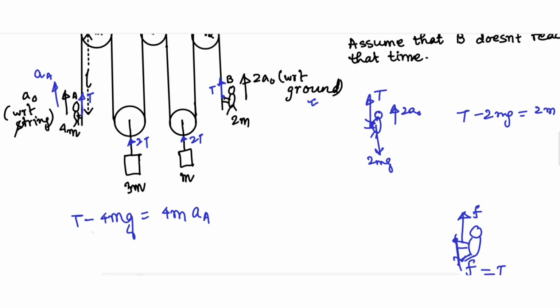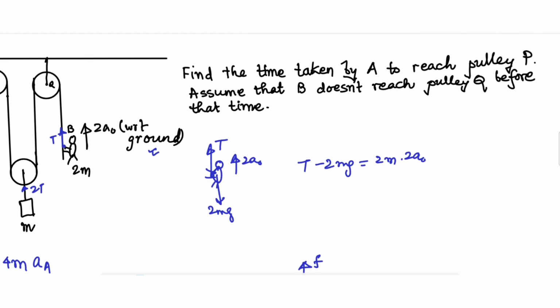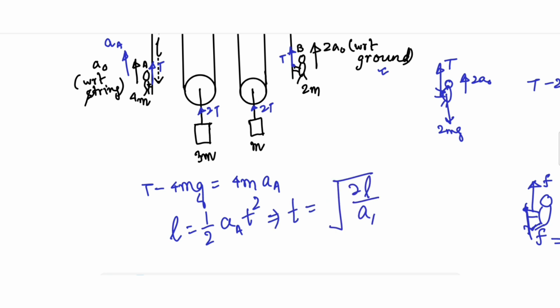Since I know the value of T, I know the value of A_A. It is asked what is the time taken by A to reach the pulley P. From the ground frame, L equals half A_A t square, as the initial velocity is 0. So time taken will be the square root of 2L by A_A. Since I know the value of A_A, I know the value of time. So it is done in one line only.